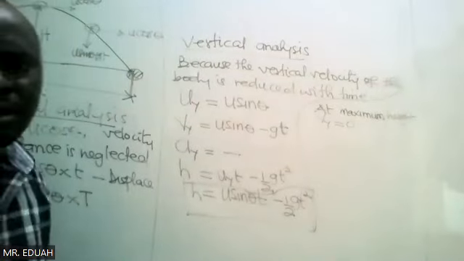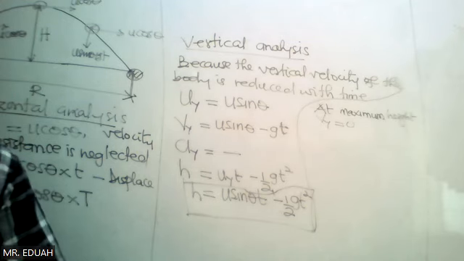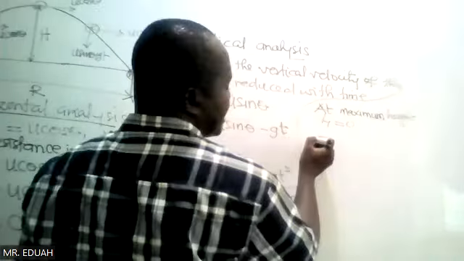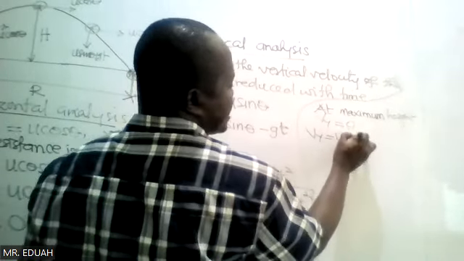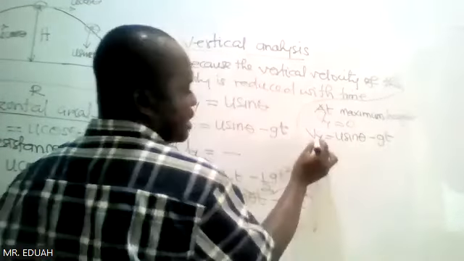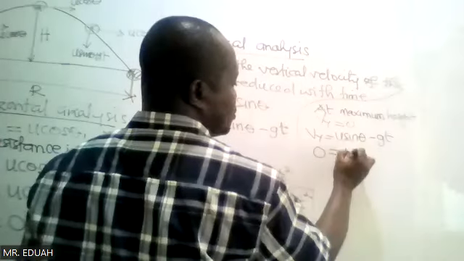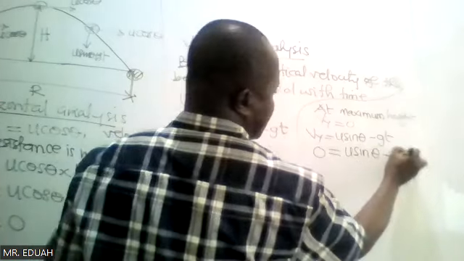If Vy is equal to 0, then using Vy is equal to u sine theta minus gt, this is 0. So 0 is equal to u sine theta minus gt.